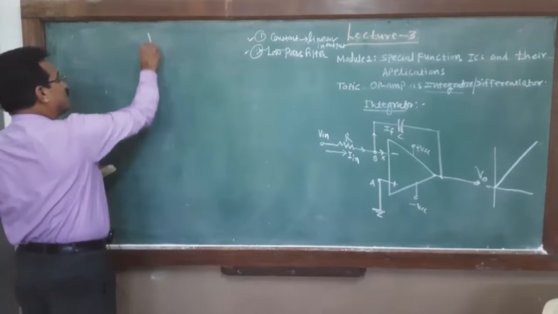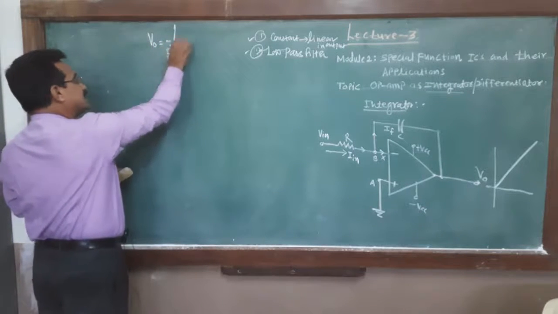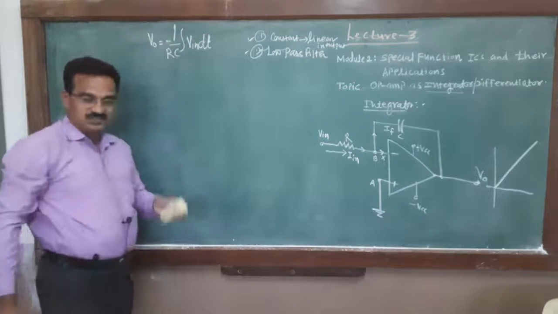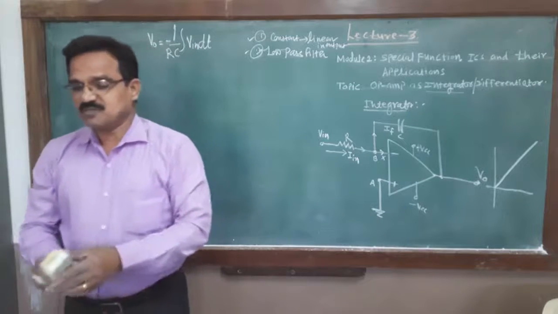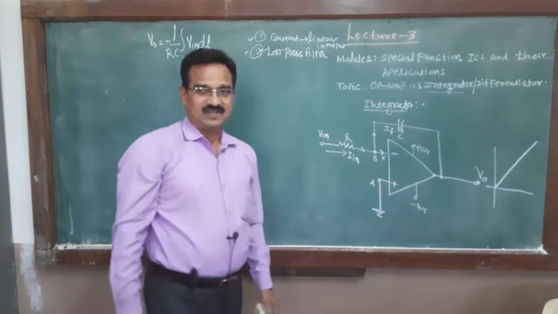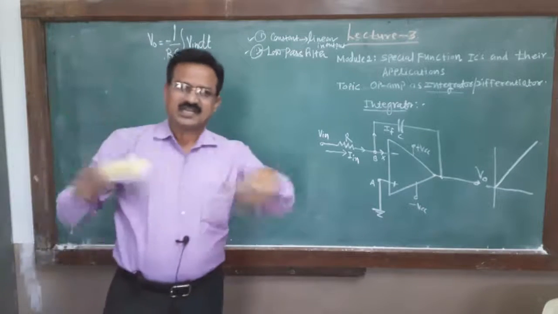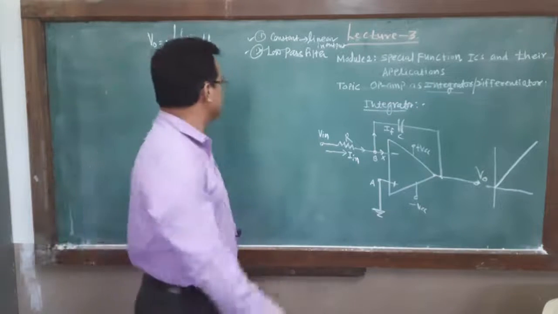The next point, you remember that for the integrator, here is the equation: output V0 is equal to minus 1 upon RC integration of V in dt. This is the equation. But suppose the input is a rectangular pulse, what about the output?